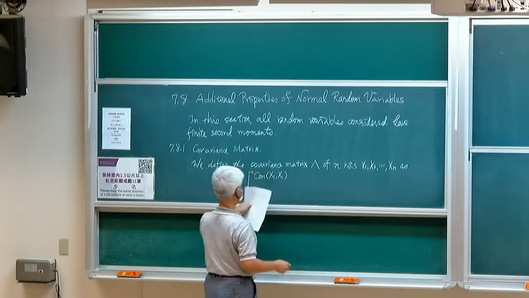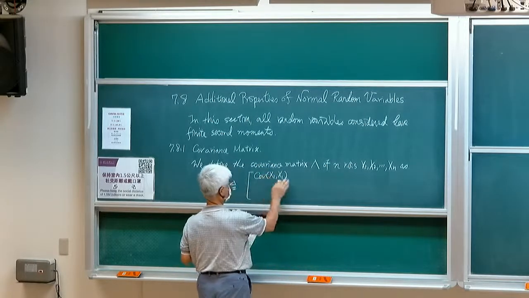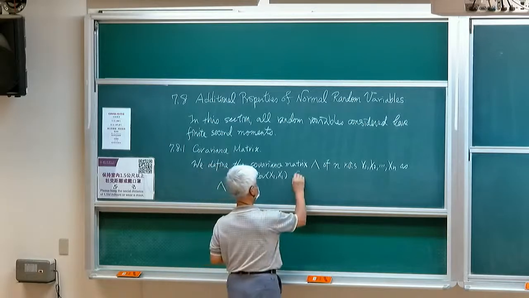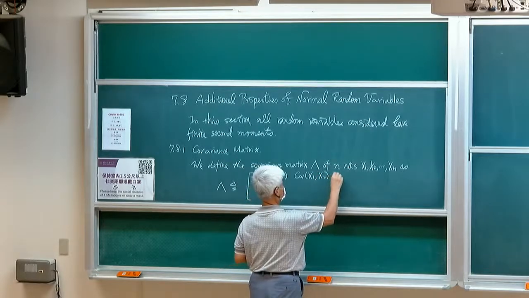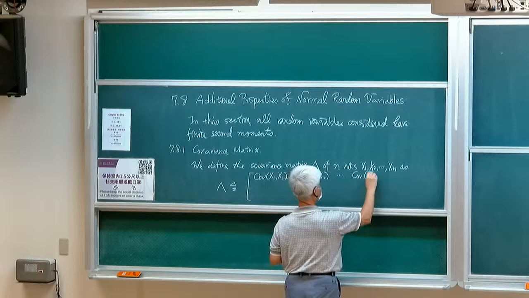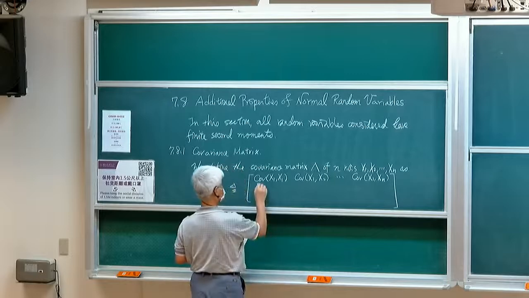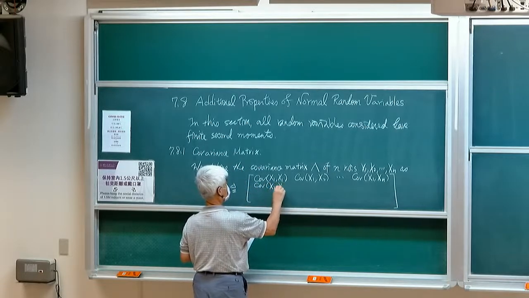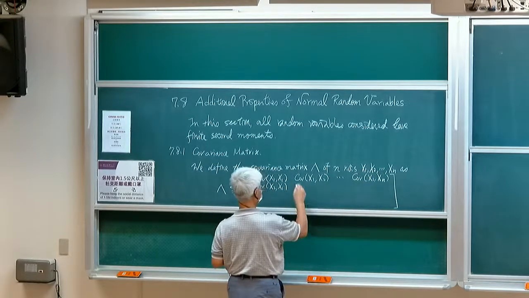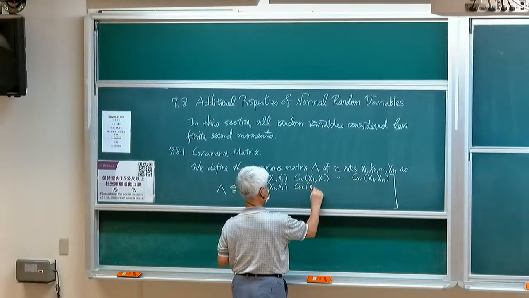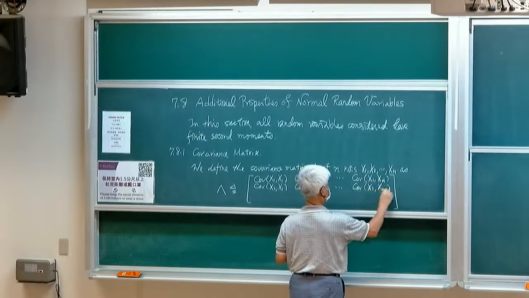Okay, so the first one will be the covariance of x1 and x1. So that is the variance of x1. The second is covariance of x1 and x2. The last one is covariance of x1 with x sub n. And the second row is covariance of x2 with each of the random variables in the list: covariance of x2, x2, covariance of x2, x sub n.